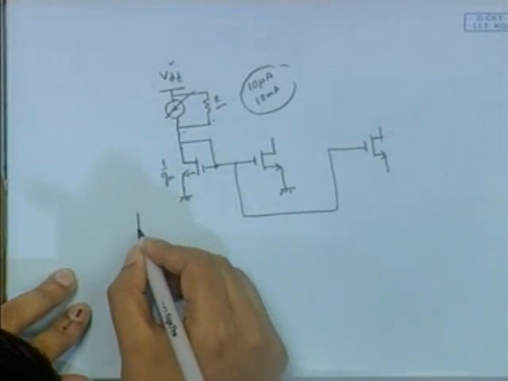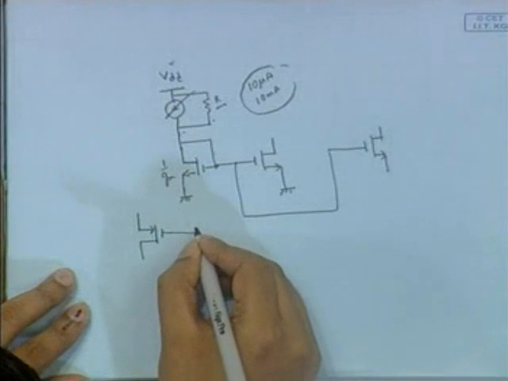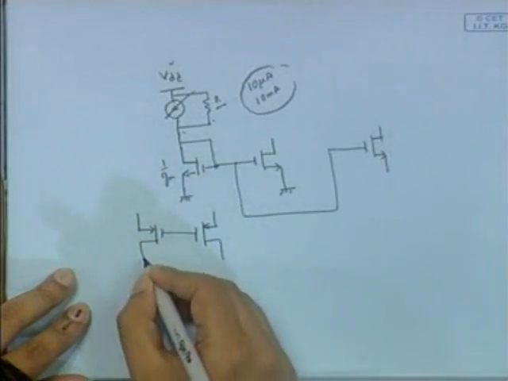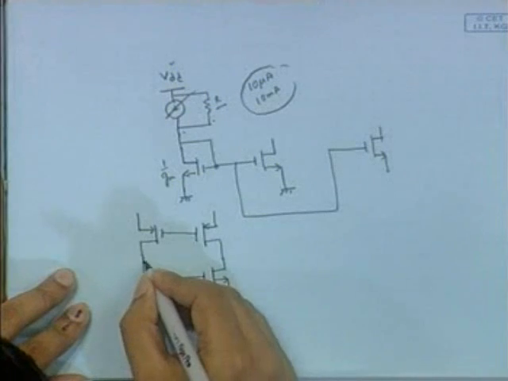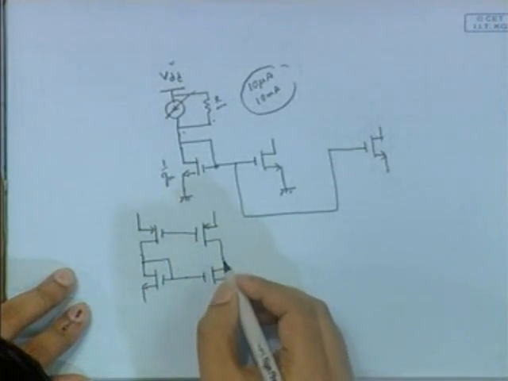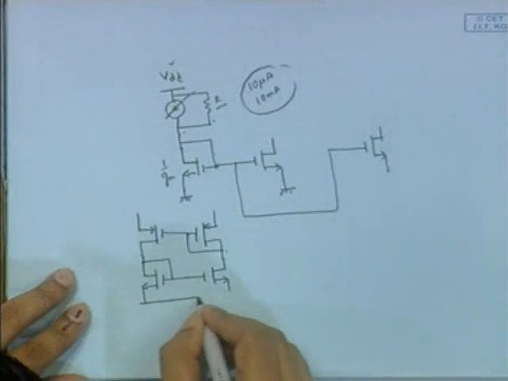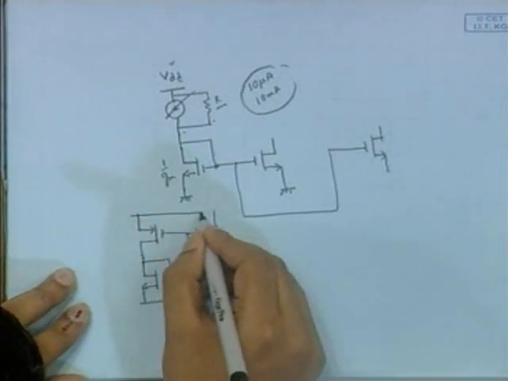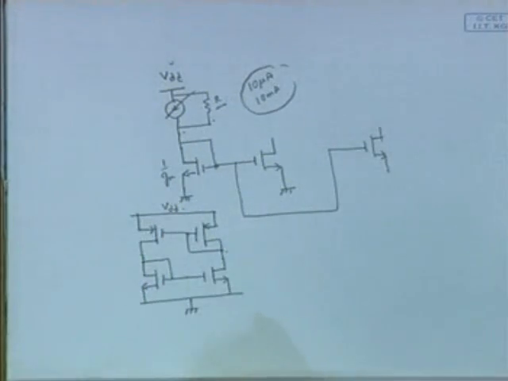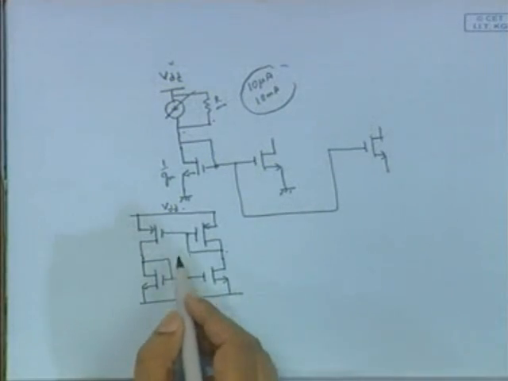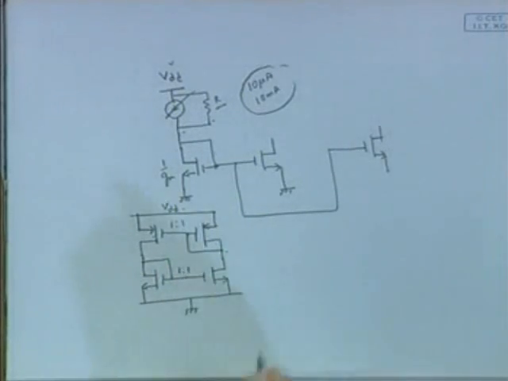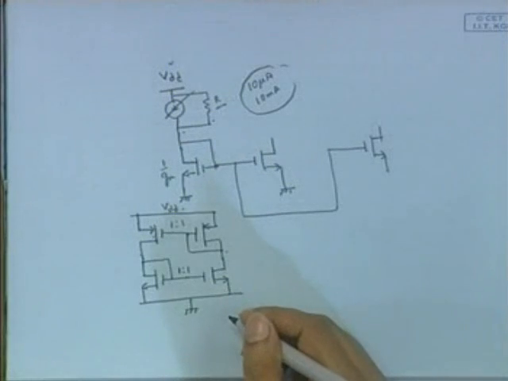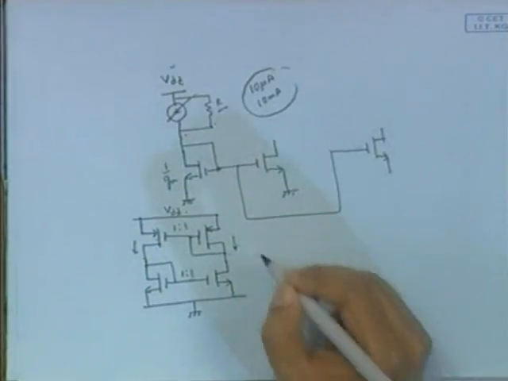Okay, now I am just drawing a structure. If we set the ratio of this transistor and this transistor 1:1, and again this one and this one 1:1, whatever be the current through these two paths, you can say that these two currents are equal.